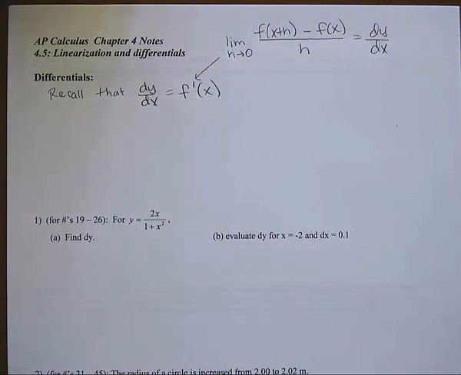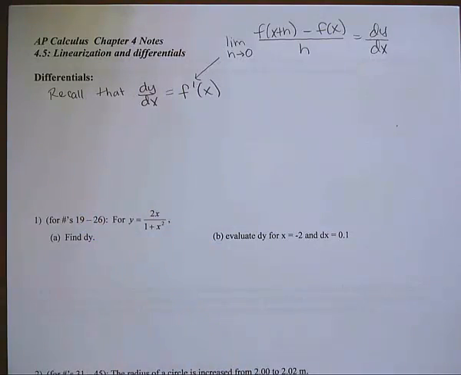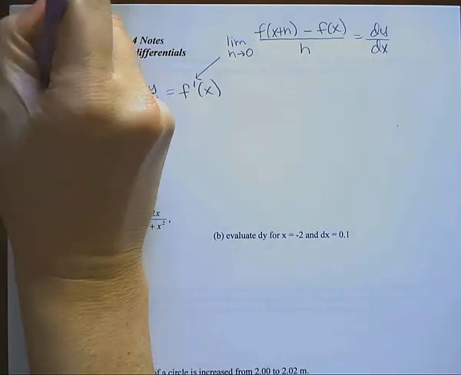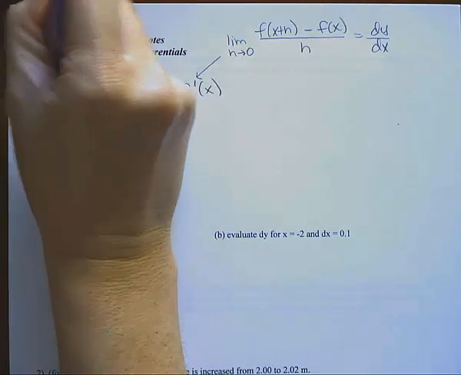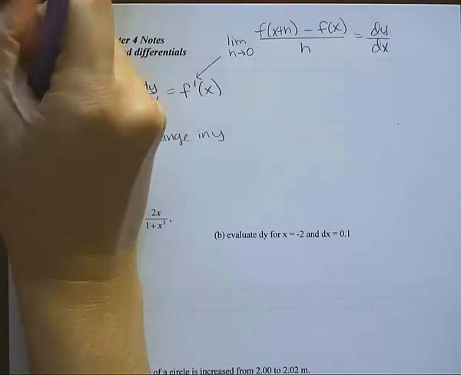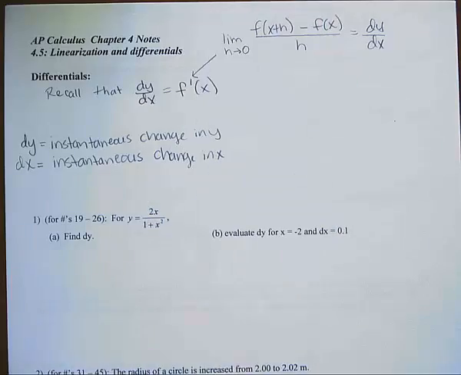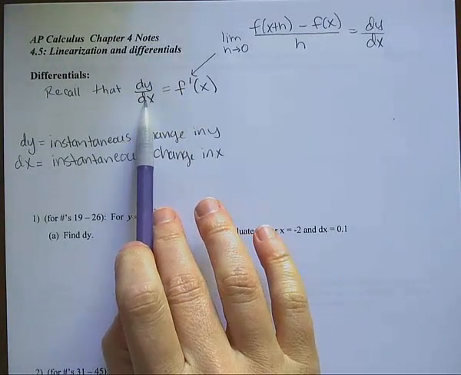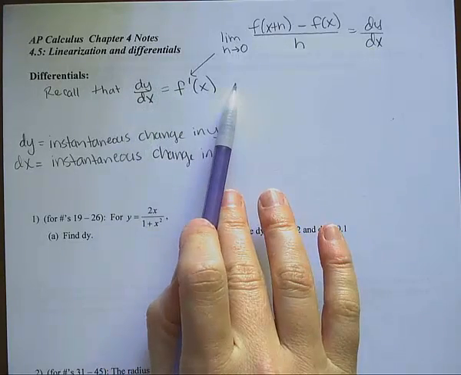Now a differential is when you, instead of thinking of it as dy dx, break these into their separate pieces. And we just look at one aspect of the rate of change. So dy could be seen as the instantaneous change in y, and dx is seen as the instantaneous change in x. And then we could, in a sense, multiply dx to both sides, causing it to cancel here and then appear on this side.